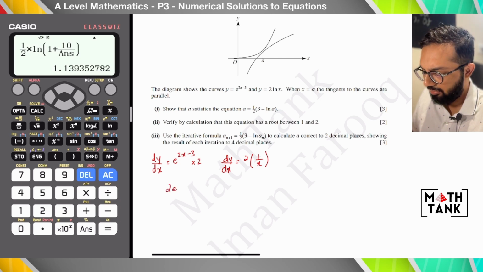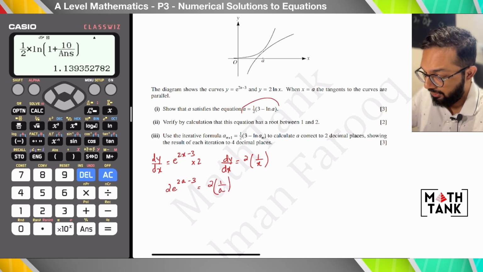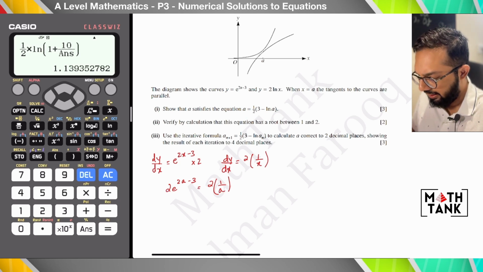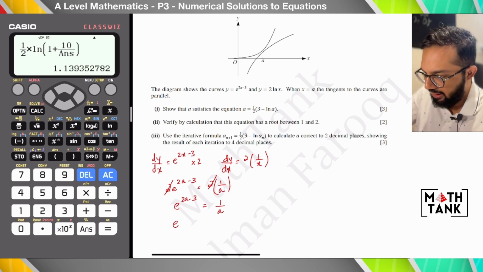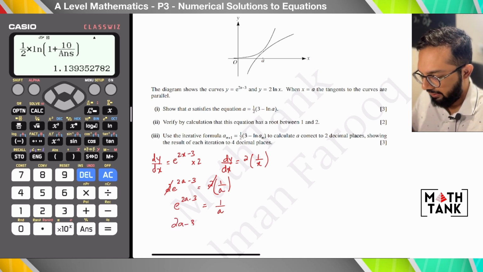So I plug in a: e power 2a minus 3, into 2, equals 2 into 1 over a. I want to show that this simplifies to this. I need to make a the subject, and I need an ln. This 2 can cancel out with the other 2, so I'm left with 1 over a. I remove the e, so it becomes an ln on the other side, ln 1 over a.